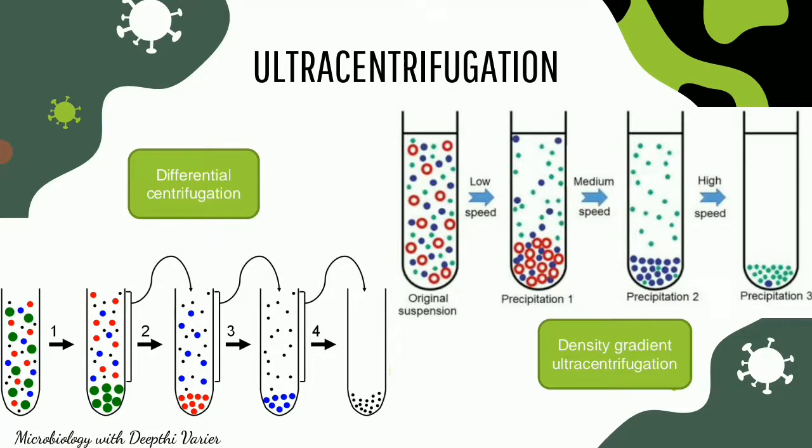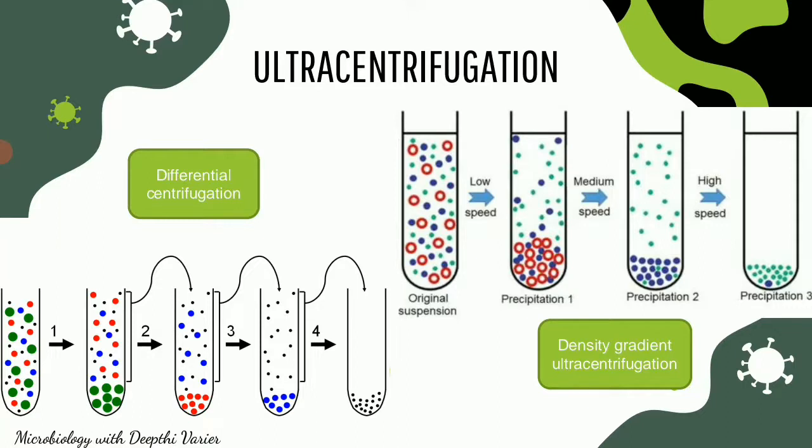Now, to aid in the sedimentation and in changing the density, we even use a solvent over here. We can use viscous liquids such as glycerol or sucrose. They can be added to the sample, mixed with our viral sample.